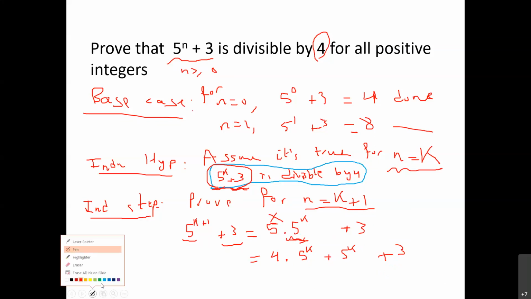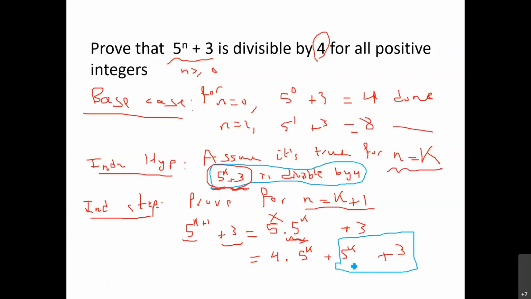Hopefully you already see that it's over now, because this is our given. We know that 5 power k plus 3 is divisible by 4. So we can just write, for example, it's equivalent to 4m, like 4 times something, where m is an integer. What about the other side?